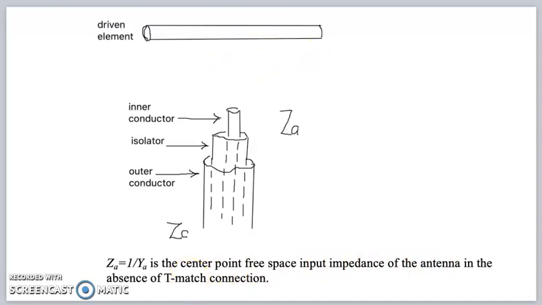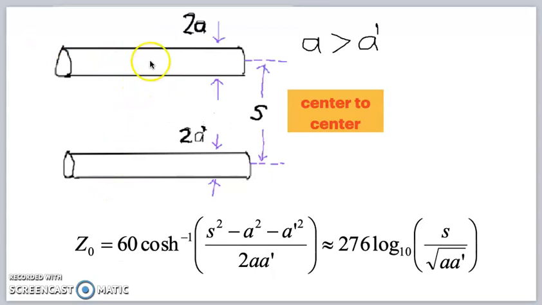Next, if you have two conductors, the first conductor has diameter 2a, the second one is 2a prime, and S here is the spacing center to center. The radius a must be bigger than a prime.